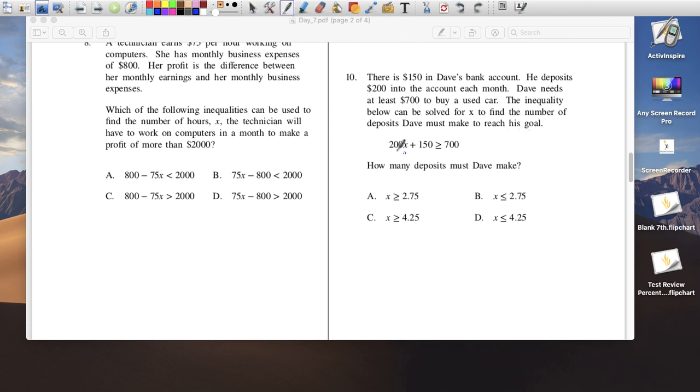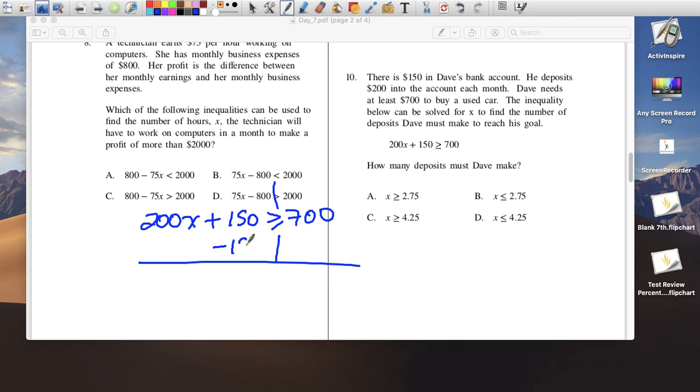Well, thankfully they already set it up for us. 200x plus 150 greater or equal to 700. This is pretty straightforward. Minus 150, minus 150. That becomes 0. So I got 200x greater or equal to 550.